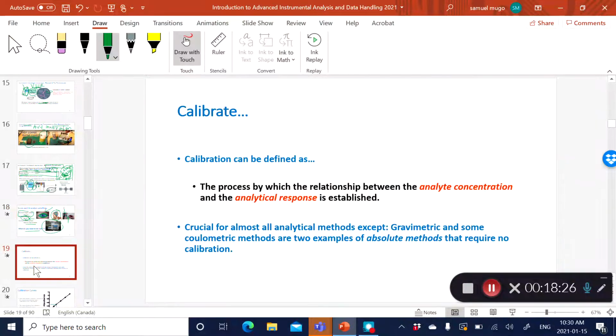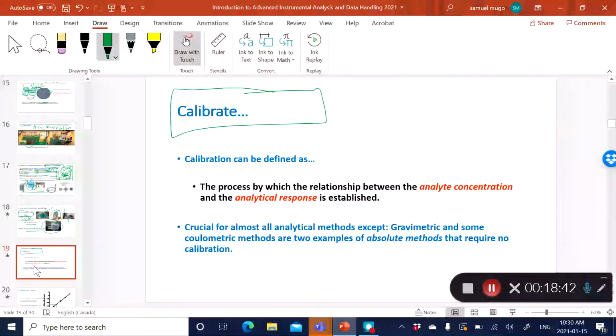Remember, the next thing you do when you've got an instrument and you've got the problem, the sample, you have to calibrate. And I can't overemphasize enough the importance of calibration. It is the crux of analytical chemistry. You cannot do analysis without calibration.